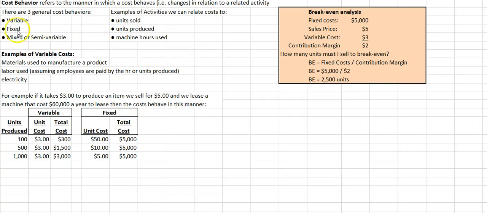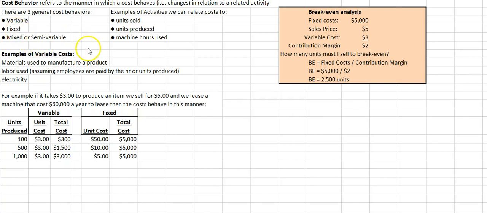An example of a fixed cost is a cost that stays pretty much flat, regardless of how much you produce or sell, or whatever the activity is that you're linking it to. In my examples, let's just use units produced, just to make it simple, or units sold. So if I sell X amount of units, it's not going to increase my expenses at all under the fixed behavior.